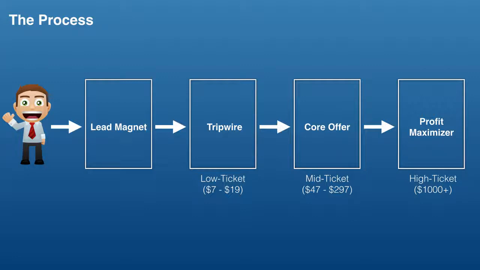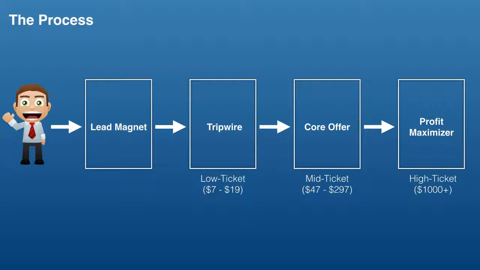Think about it. If you send 100 people to the profit maximizer, and only 1% of them purchases that product, then hey, you just added $1,000 in revenue for every 100 people you send to a sales page.